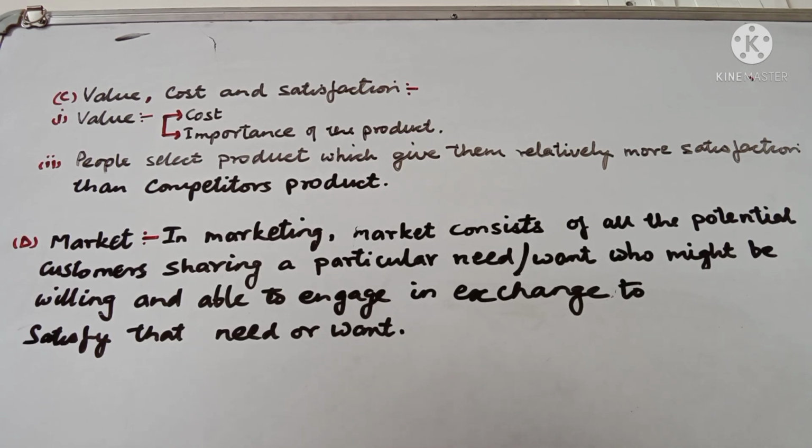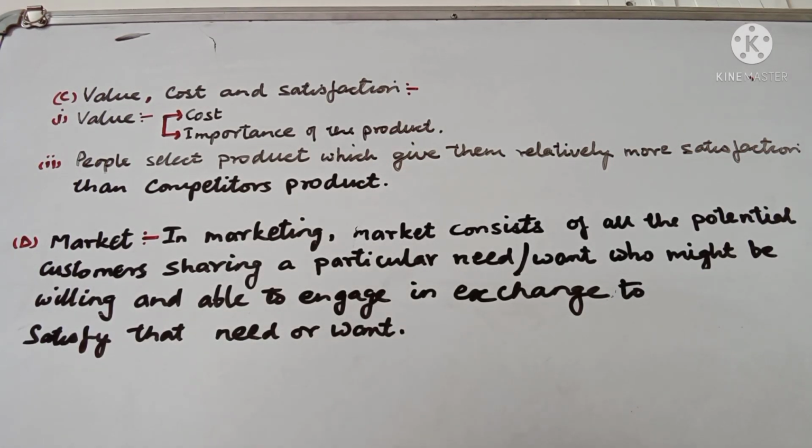And for people who are uneducated, the value of the pen has no importance because they do not require it. So whenever we talk about value, it will depend on the subject concerned, whether we are talking in terms of its price or in terms of its importance, how valuable the product is for the customer. Another aspect is satisfaction.